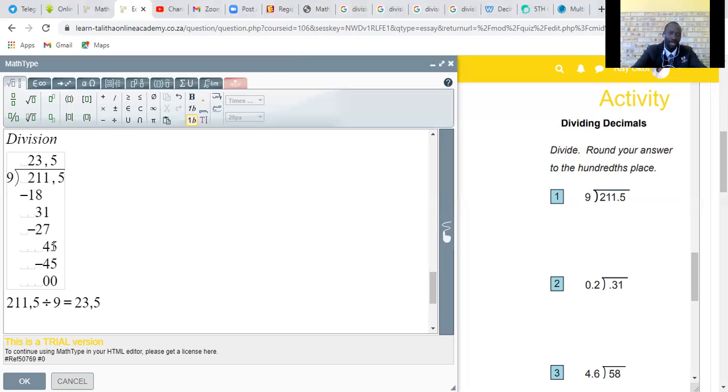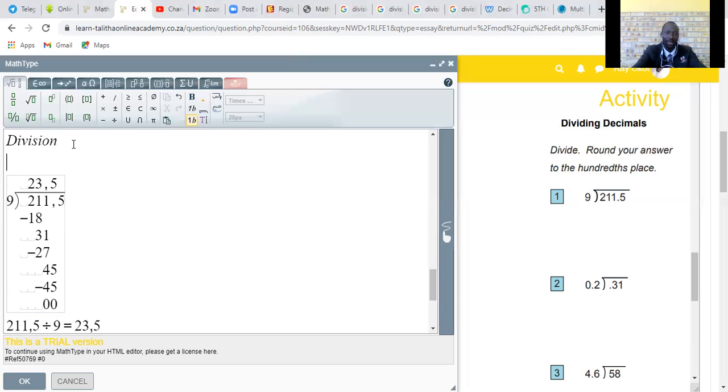So now we have 45. How many times will 9 go into 45? It goes 5 times. 5 times 9 gives 45, so when we subtract, we get 0. And so we conclude that 211.5 divided by 9 is 23.5. Yes, that is how we would handle activity 1.